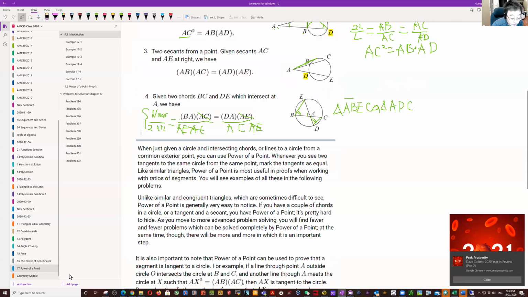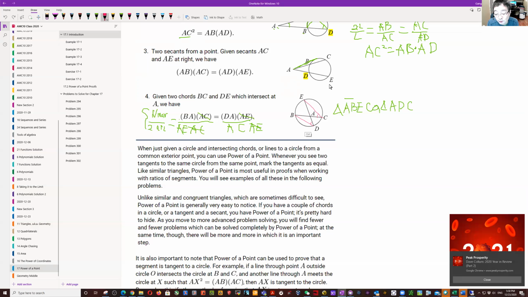Yeah, so there's this one. Let me redraw it. So the opposite triangle, this is a pair. Then this is another pair of similar triangles. If you draw it this way, this is also similar because those two angles are the same, both facing arc BE, and they also have a vertical angle.